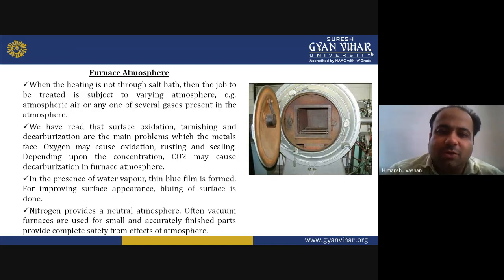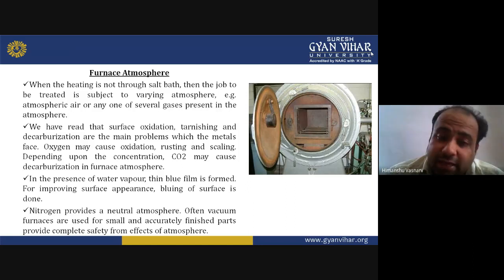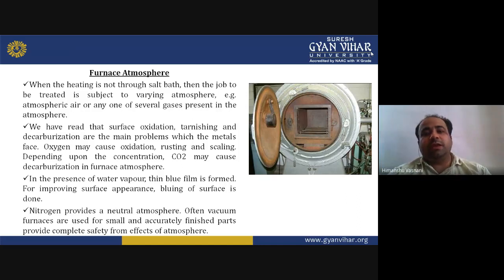Now, when the heating is not through a salt bath, then the job to be treated is subjected to varying atmosphere, for example atmospheric air or any one of the several gases present in the atmosphere.